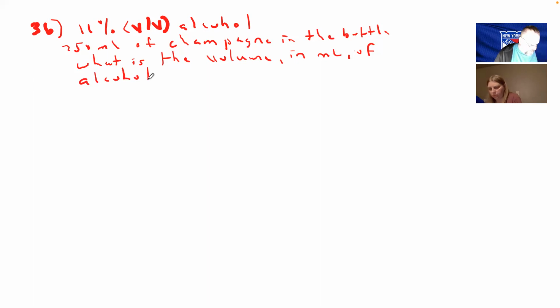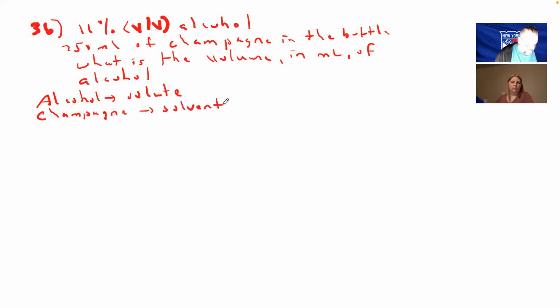All right. So I think some of the tricks to these questions is figuring out which is the solute and which is the solvent. So essentially, when they say a bottle of champagne is 11% volume by volume of alcohol, then to me, the alcohol is the solute and the champagne is the solvent.